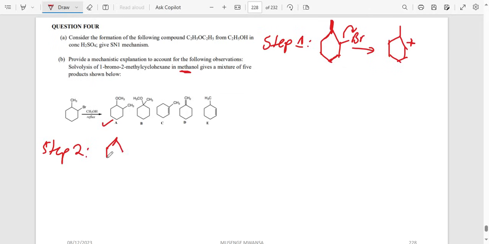I'll still write the same one. In the previous one, methanol came in and attached here, and when we removed the hydrogen using water, it gave us this compound. Is that okay?